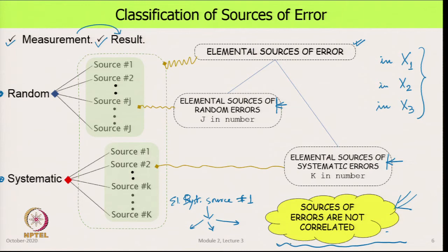We would then need the theory of correlated errors, which we do not do in this level 1 course. You would have to do a higher level course in uncertainty analysis to see how to get correlated errors. For now, we will stick with the fact that all the elemental sources of error that we have looked at, they do not influence each other.